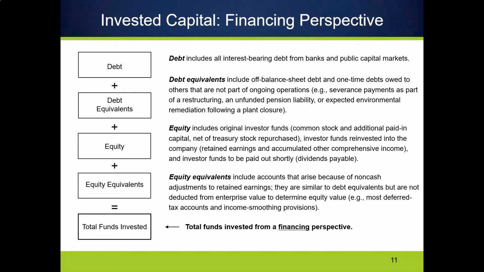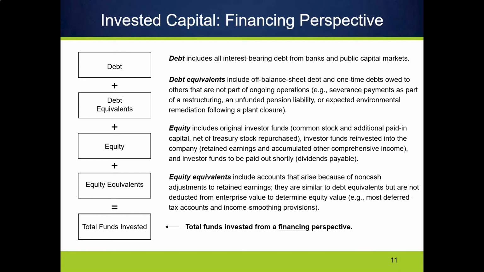And then we are going to the other side of the total funds invested equation. The financing side is going to include debt equivalents, equity, and equity equivalents. And this is essentially all of the sources of capital for the firm. Okay, so what we are identifying here, and the identification process here is pretty straightforward because this is everything else on the balance sheet that isn't operating.